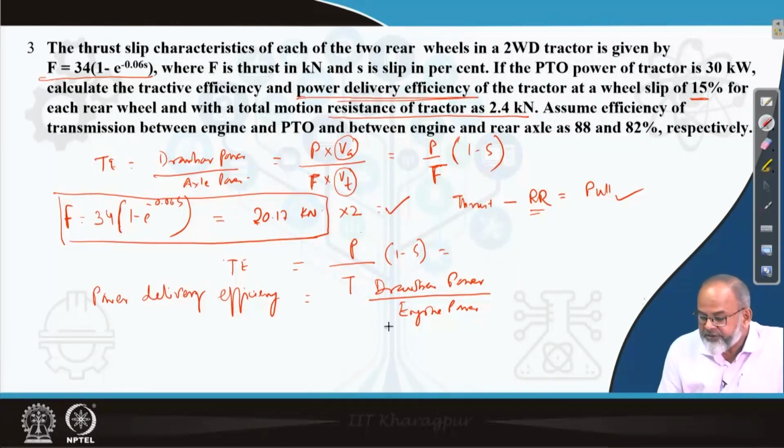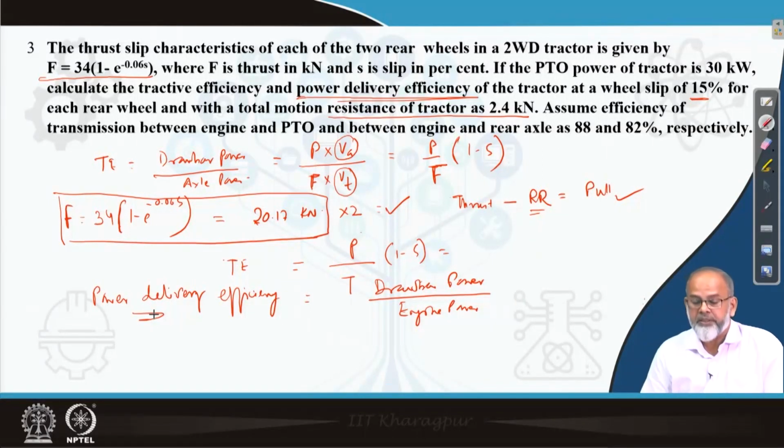Now, how much of the engine power is converted to drawbar power? That is the aim of giving this performance parameter, power delivery efficiency. In this case, drawbar power is P into VA. So, we do not have the VA value. So, what will we do?